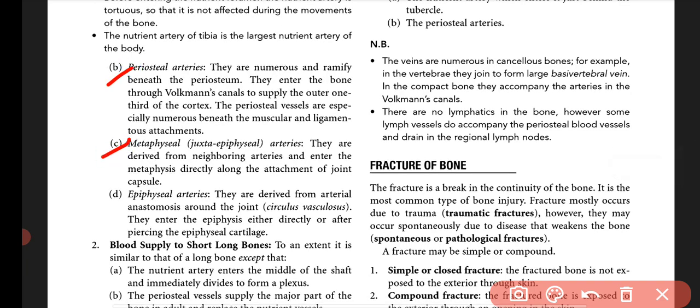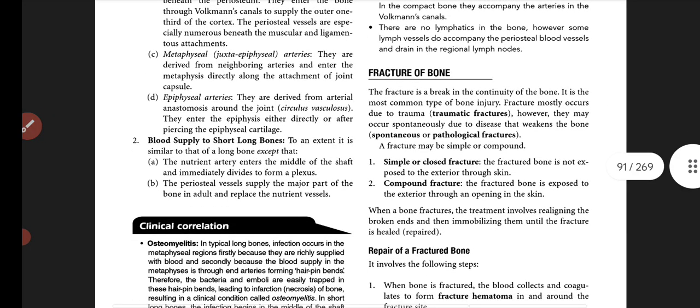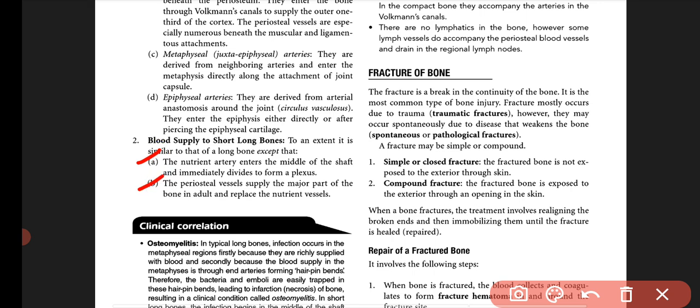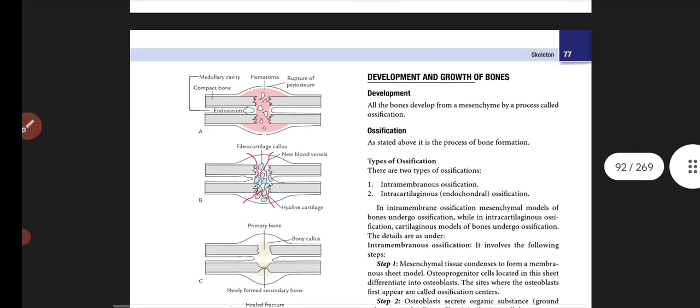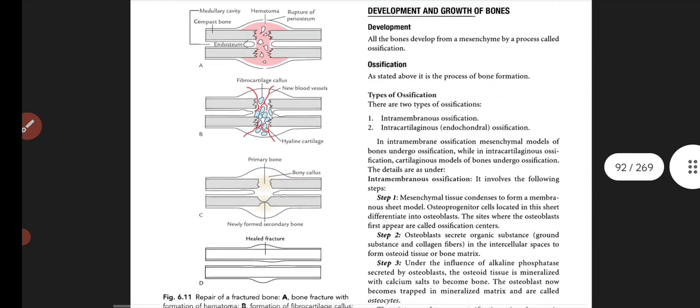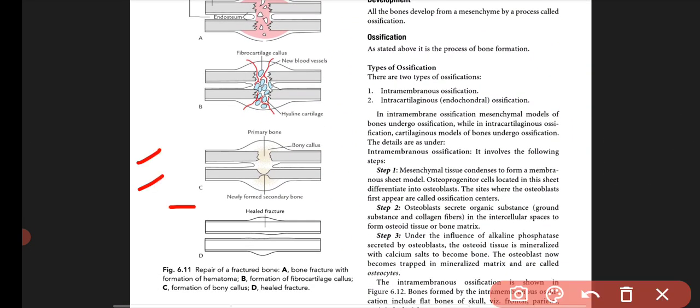Number 3 is the metaphyseal, juxtaepiphyseal and epiphyseal arteries. In the case of short bones, the blood supply is the nutrient artery and periosteal vessels. So these are the portions we will study, and in another chapter we will study the ossification of the bones later on.